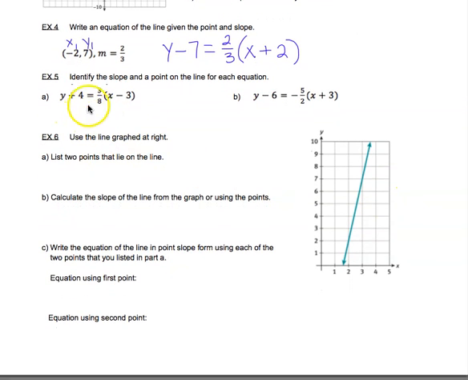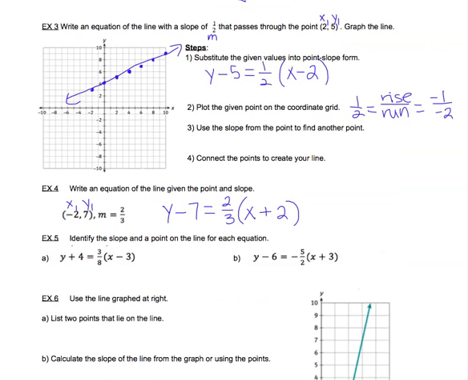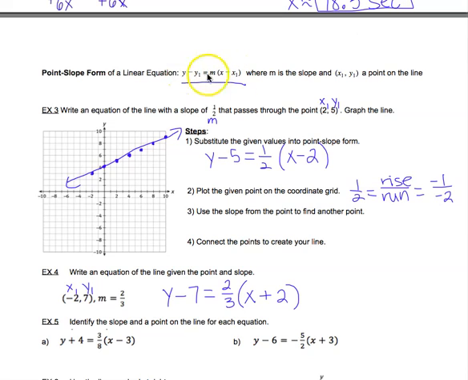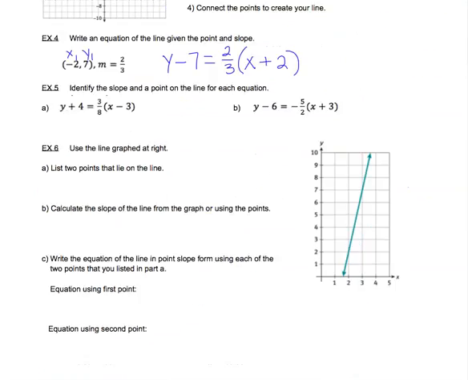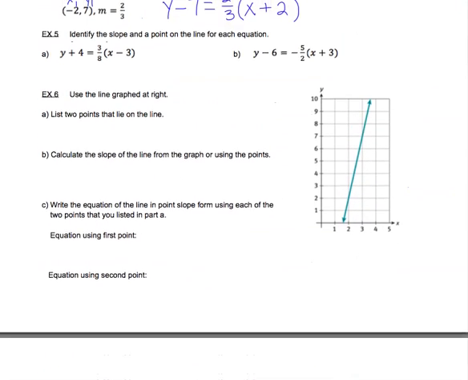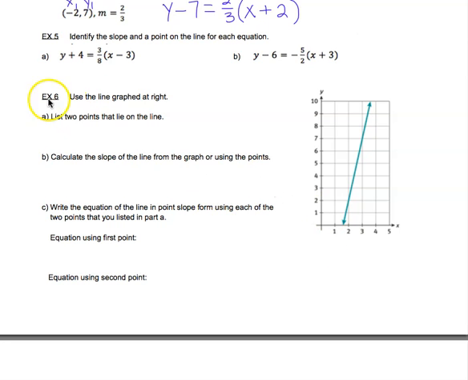All right, example 5. Identify the slope and a point on the line for each equation. So this is just working backward. I have the equation. I want to identify my point and my slope. Because it's always minus in the equation, if it's a minus, that means my point should be positive. If it's a plus, that means it's negative.